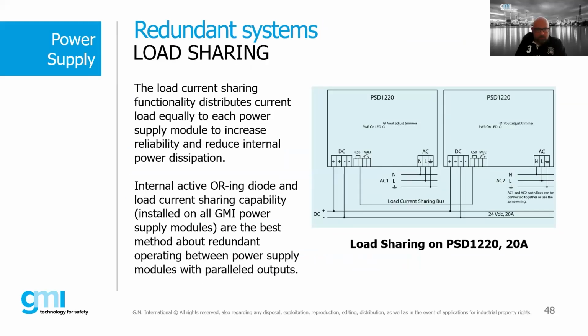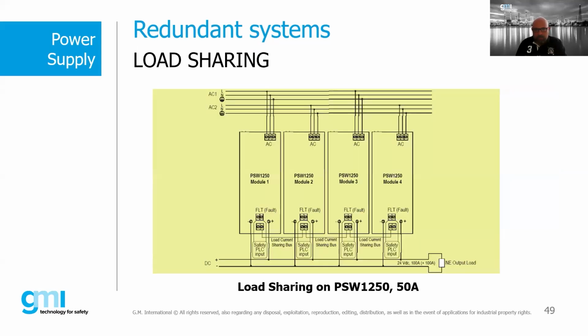GMI power supplies can be paralleled and their internal load current sharing circuit operates to distribute the current load automatically and equally to each power supply module, to increase the reliability and reduce the power dissipation. As we can see in the next slide, there is an example with 4 of our power supply modules in parallel, where we have 2 AC lines for powering the modules, and then 1 output bus for driving the load.